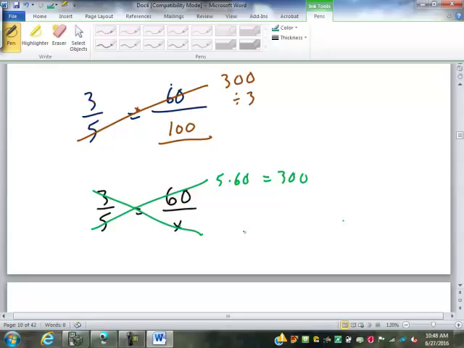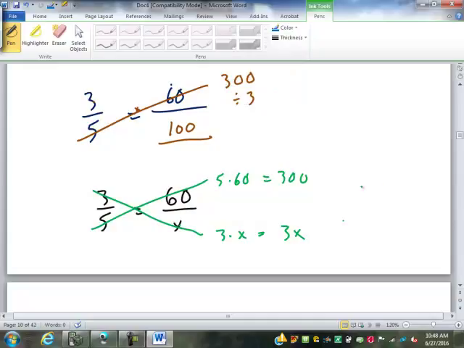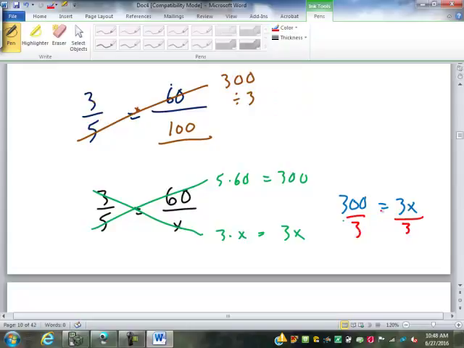This diagonal is 3 times x, which is 3x. In a proportion, those two cross products, as they're called, must be equal. So the 300 must be equal to 3x. How do we solve that equation? Divide by the 3 to get x by itself. Very good. So divide by the 3, you get 100. So it's really the same process. You're just shortening it up by not writing out the equation.